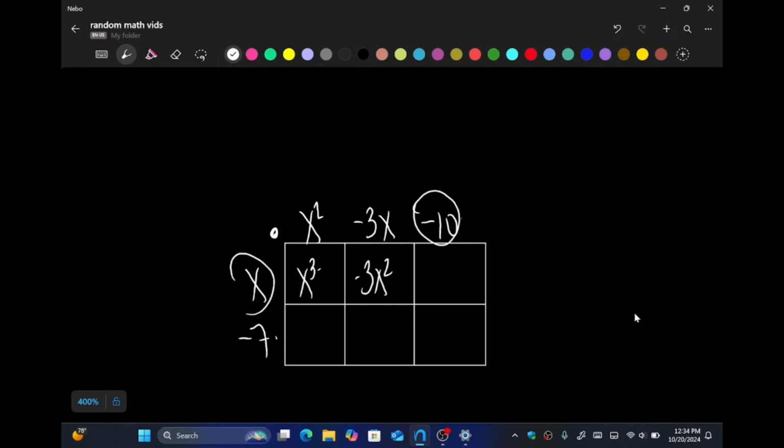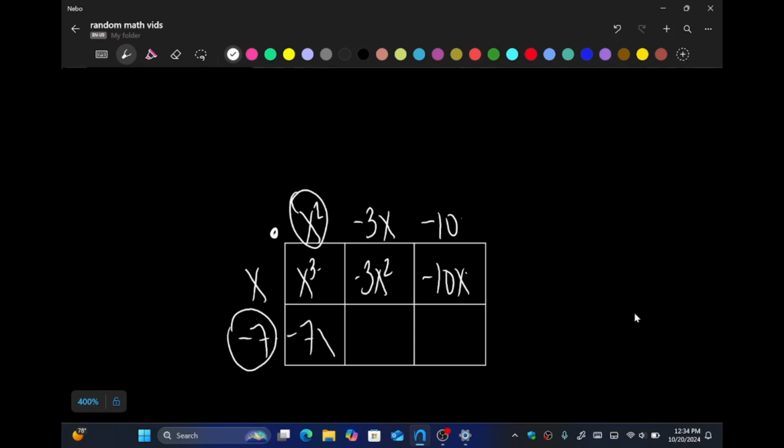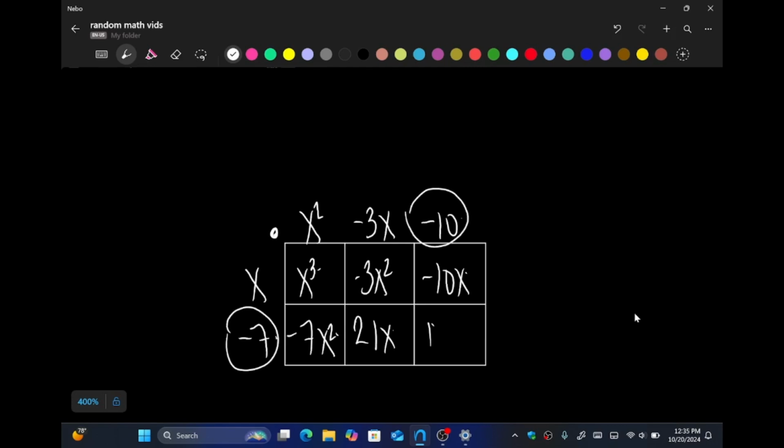Negative 10 times x, that's negative 10x. And then negative 7 times x squared, negative 7x squared. So just do that. Negative 3x times negative 7, that's positive 21x. So just do that. Then negative 10 times negative 7 is 70.